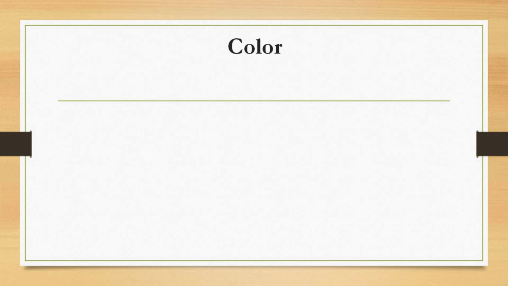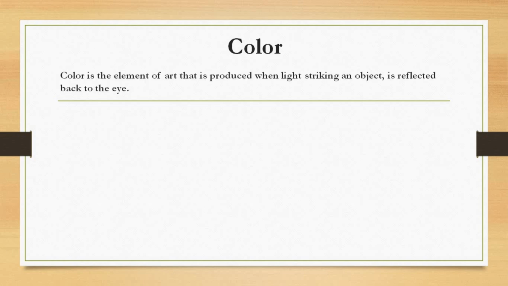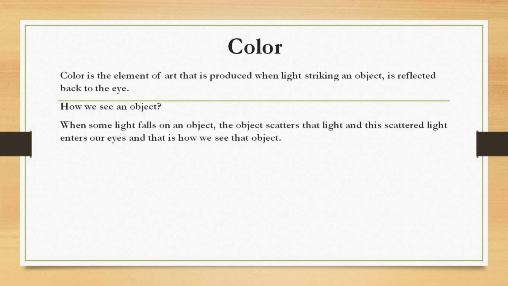Next, see what color is. Color is an element of art that is produced when light striking an object is reflected back to the eye. So how do we see an object? When light falls on the object, the object scatters that light, and this scattered light enters our eyes, and that is how we see the object.